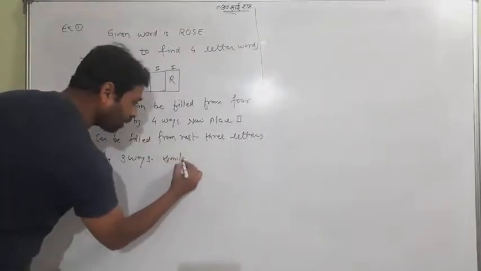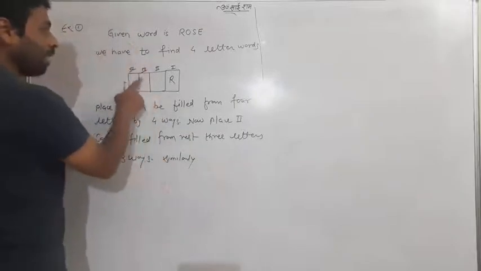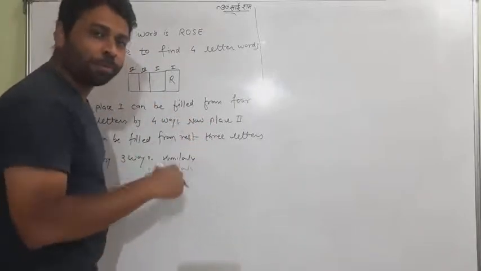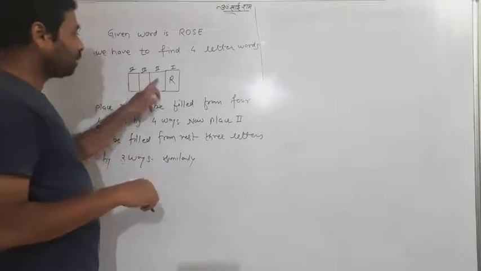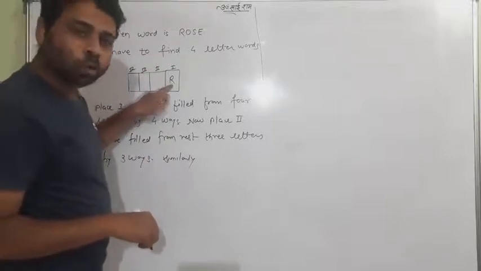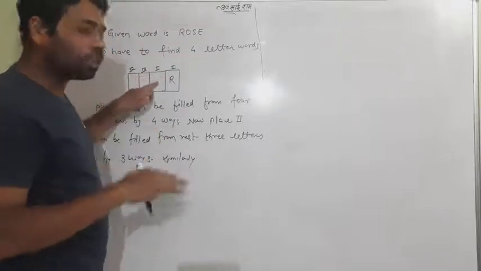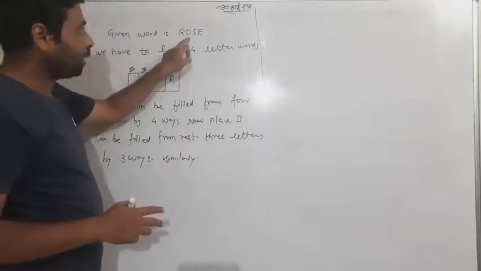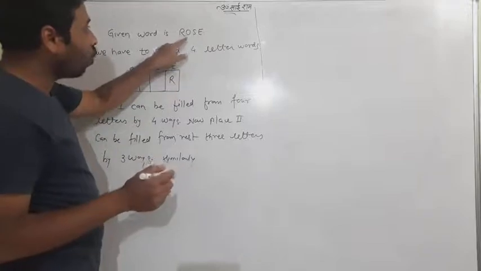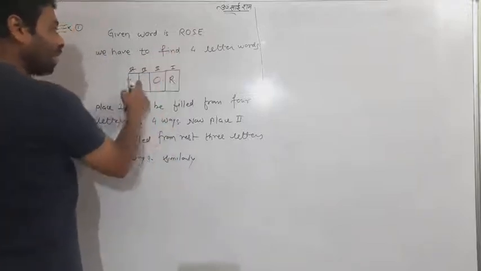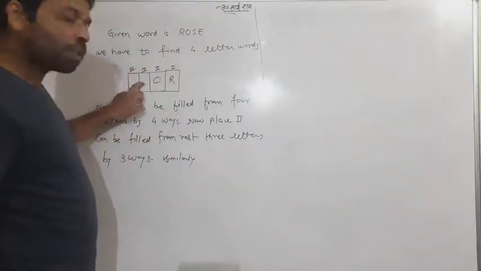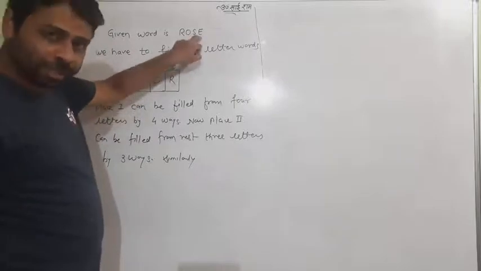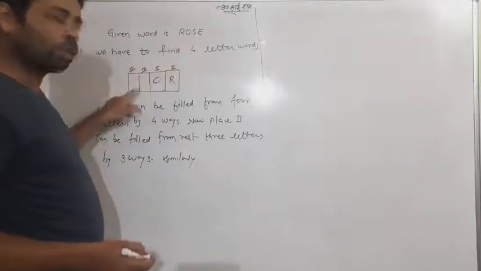Similarly, you can understand that this and this can be filled by two and one way, because this box was filled from four ways, this from three ways, and now definitely two will be remaining. Suppose O has come here, so S and E can come here. This box can be filled from the rest two letters by two ways, and the last will be by one way.